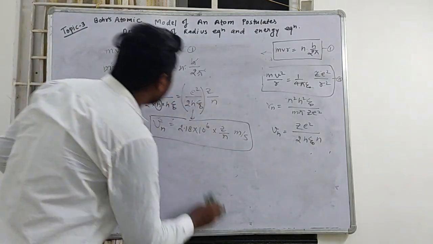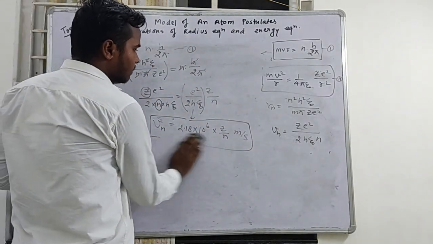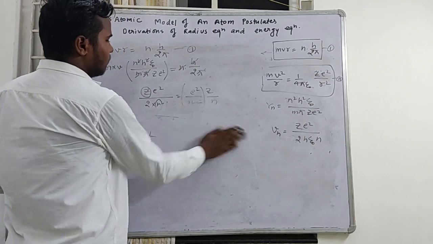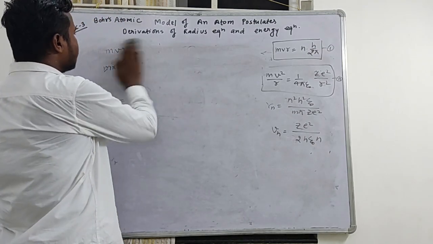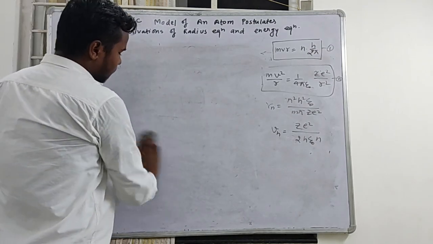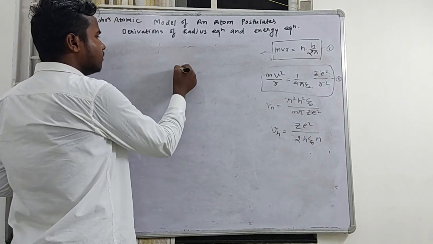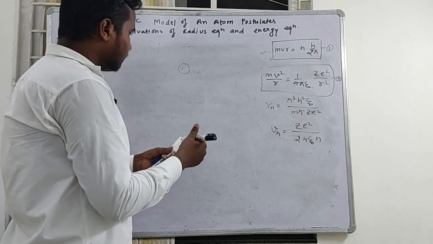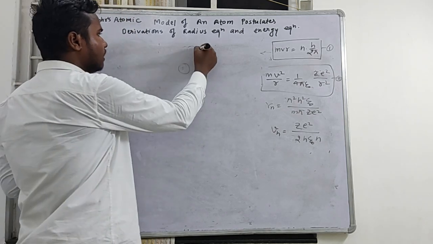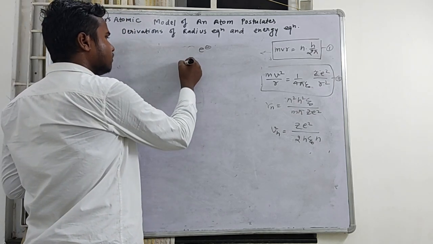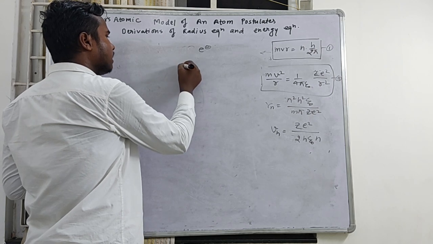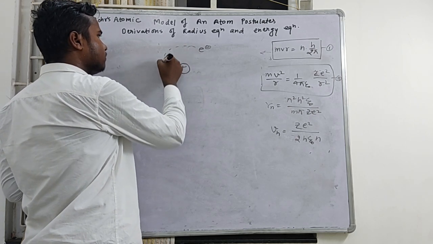And next we will move on to the derivation of energy. Let's assume it's a nucleus and the electron is moving around the nucleus.